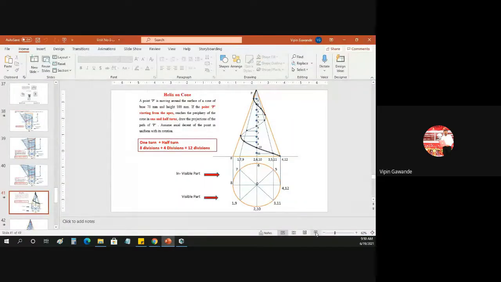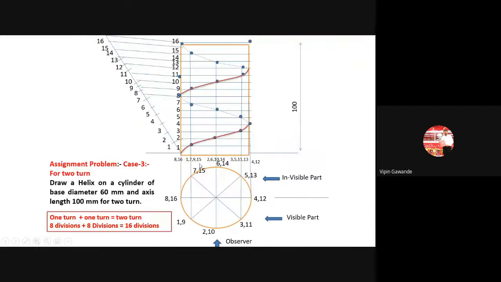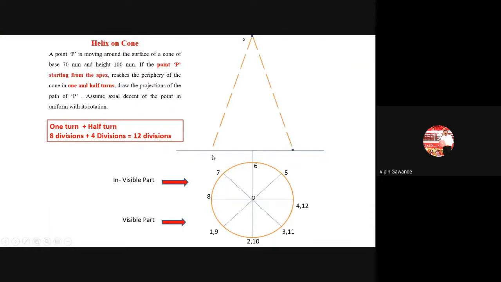So let us see here also, this is again the same thing. But this is drawn for 1.5 turns, so this is drawn for 12 divisions. You can go for only 8 divisions, that is sufficient. Here the circle is first divided into 8 parts, then it is counted 9, 10, 11, 12.